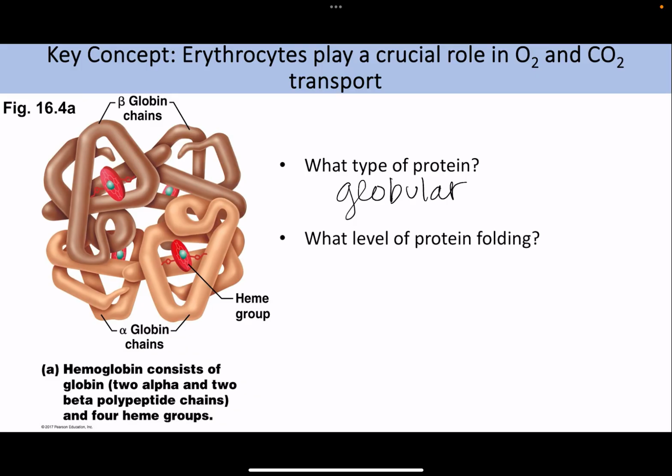And by looking at the hemoglobin here, what level of protein folding do you think it's displaying? It's quaternary, yeah, because we have 1, 2, 3, 4 repeating subunits. Okay, so since we have 4 different subunits, this is showing quaternary folding.